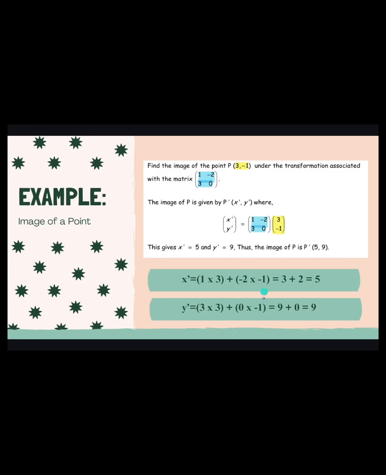And y' equals 3 times 3 plus 0 times -1, which gives us 9. Therefore the image of P after transformation is P' equals the coordinate (5, 9).